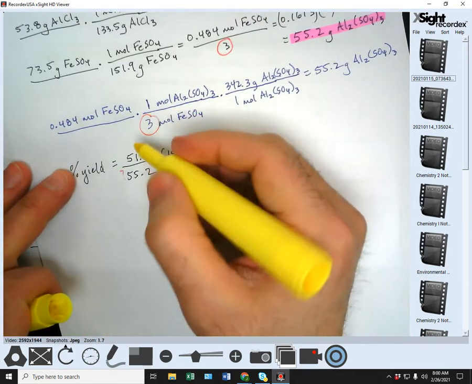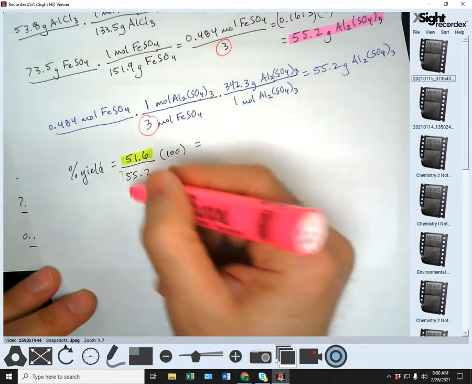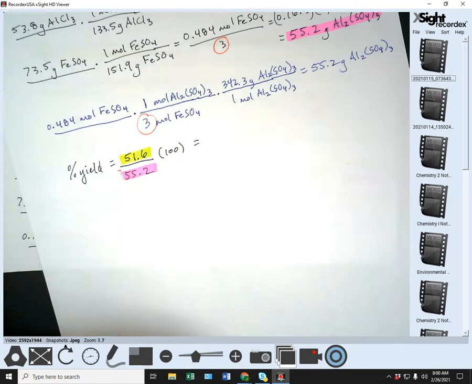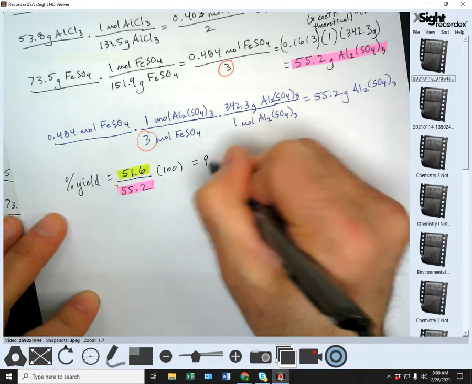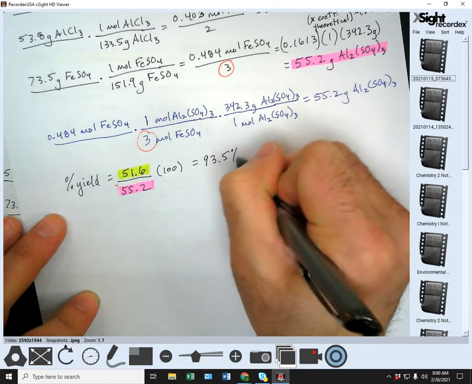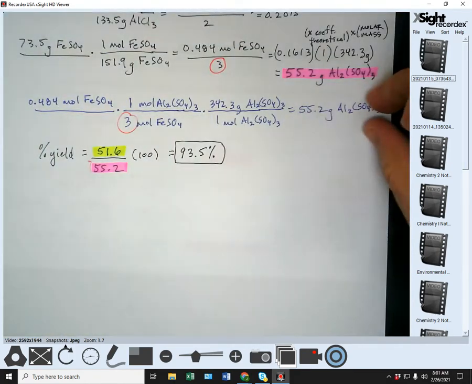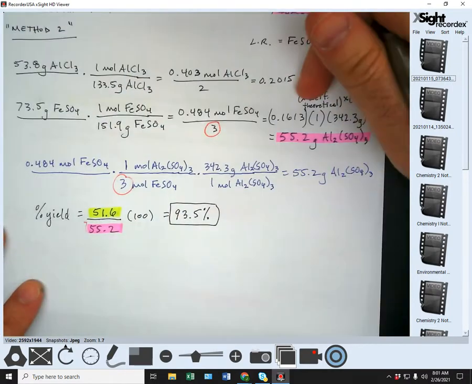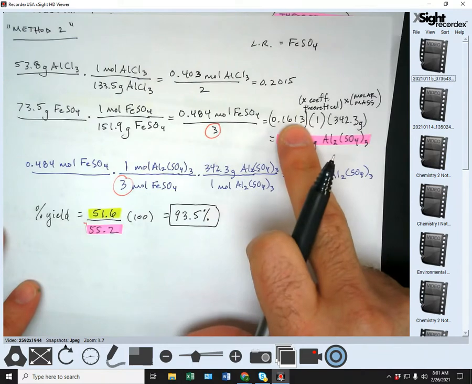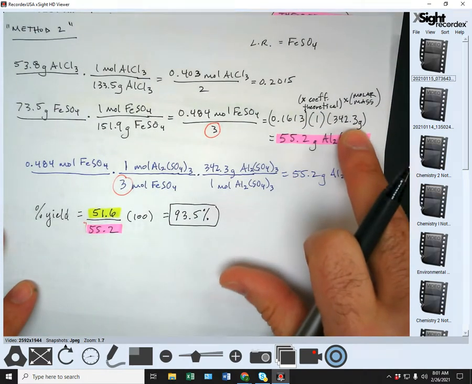So this is the actual. This is the theoretical times 100, and it's going to give us the same. Okay, so again, remembering the blue you wouldn't be doing and showing, but this would be the work. You'd find the limiting reactant, and then you'd take the limiting reactant one times the coefficient for the theoretical times the molar mass.